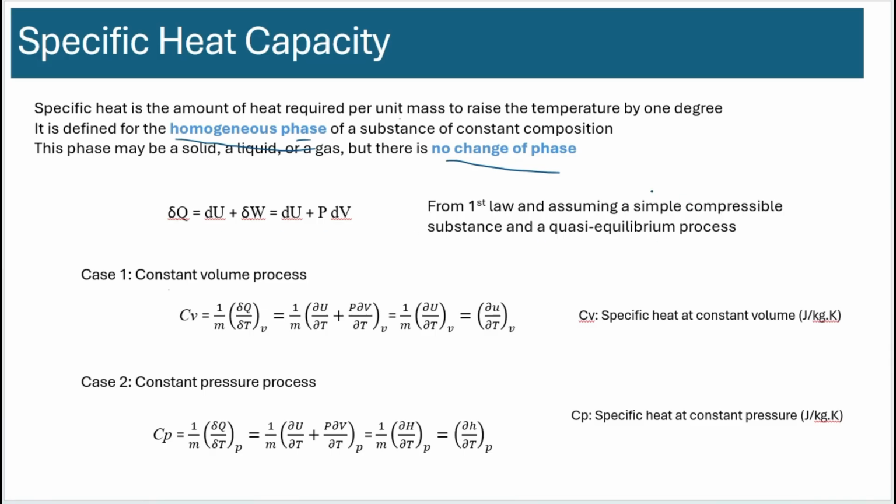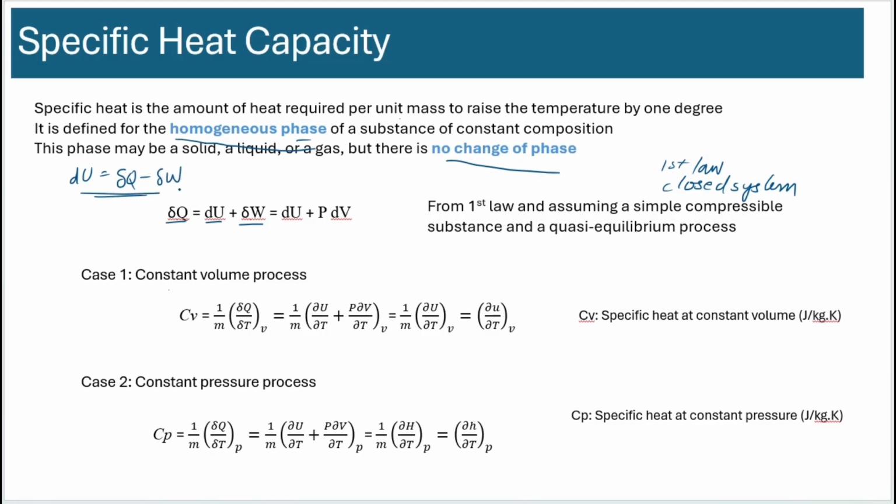We assume first law, and we assume it for a closed system. So the first law for a closed system is basically delta Q is the change in internal energy plus the work done, or delta U is delta Q minus delta W, right?